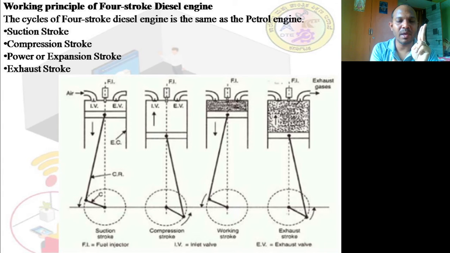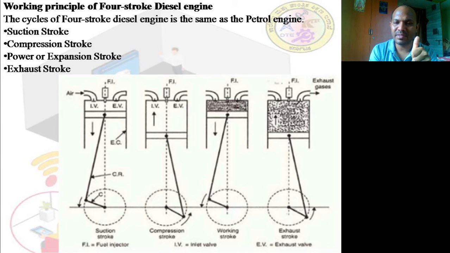During this, a partial vacuum is created in the engine cylinder, or it creates a suction inside the cylinder. This is the second point. The third point: the fresh air, only air, will enter the engine cylinder through the inlet valve. The fourth point is that the crankshaft or the flywheel makes half a revolution. That's the four points.